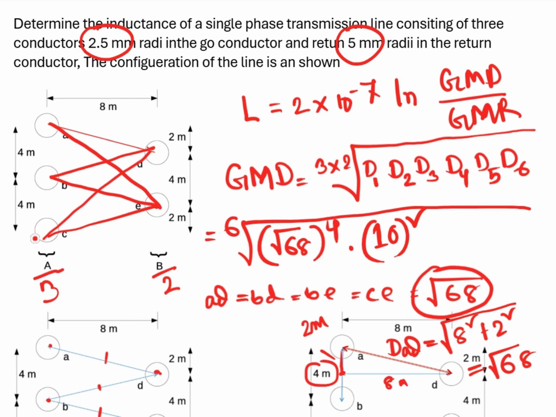So 4 and 2, this is 6 altogether, 6 different distances.